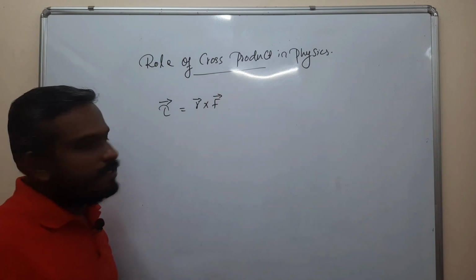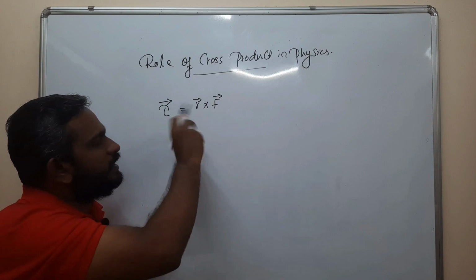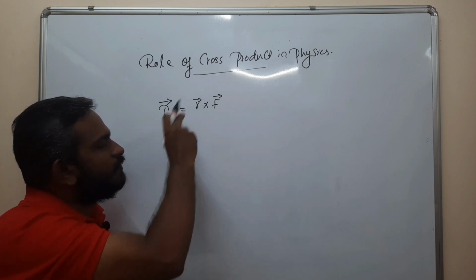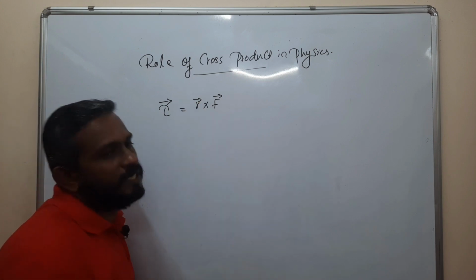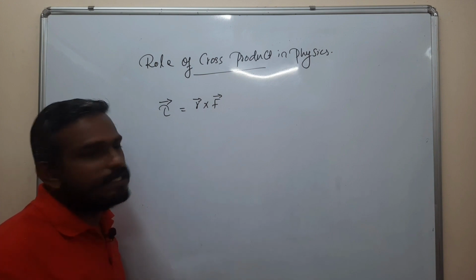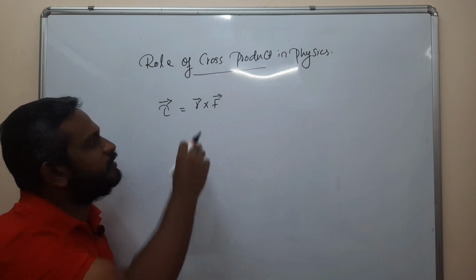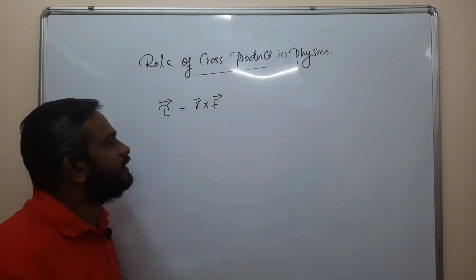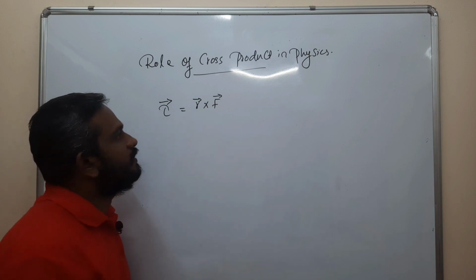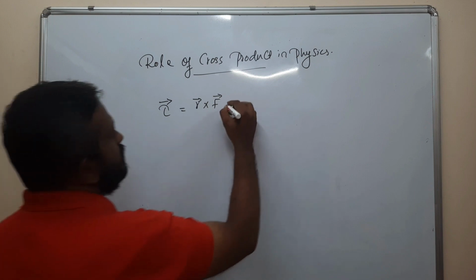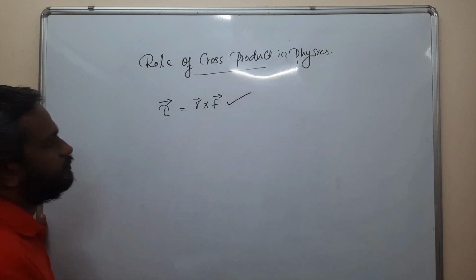The vector product of the position vector and force vector gives the torque. So when we take the cross product between these two quantities, we get another vector quantity, torque. So here we are using the vector product.